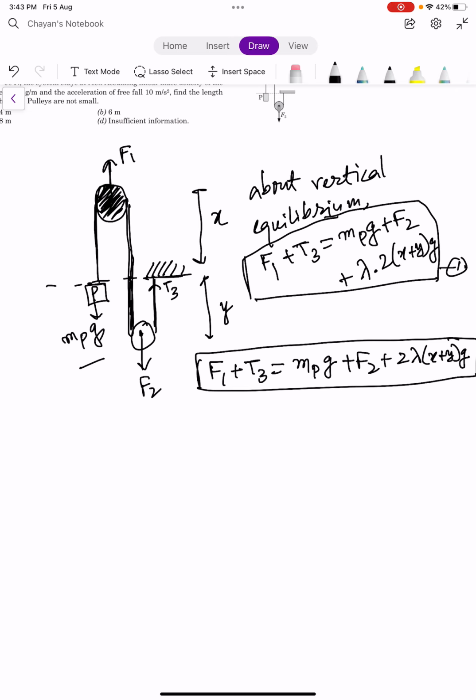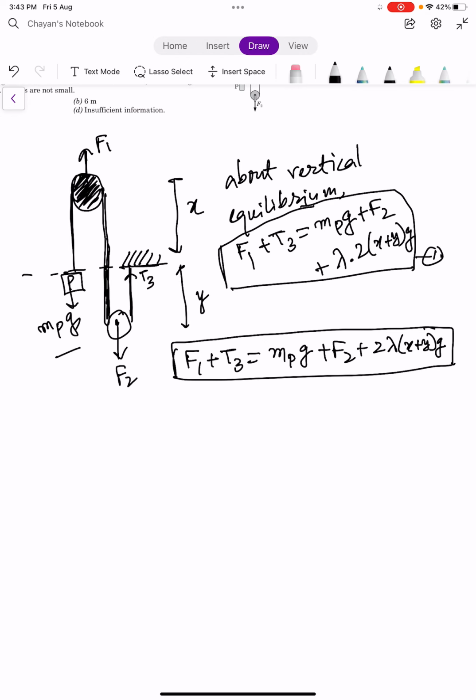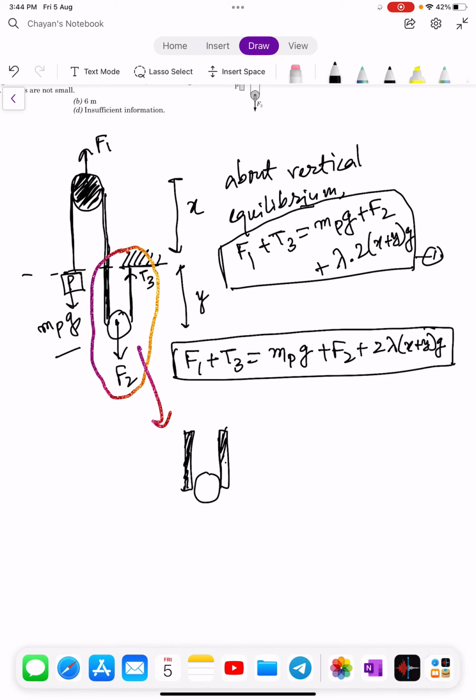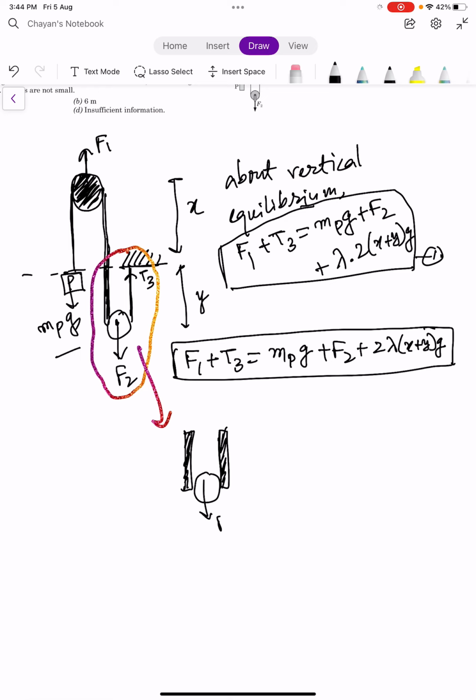Now there are several unknowns here, like T3 and MP. We don't know anything about them, and also the length of the rope. If you look closely at this part, the part hanging here and here is a totally symmetrical system, and there is F2.